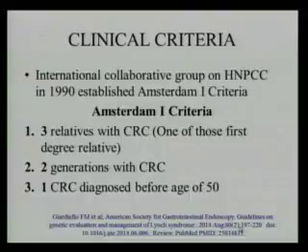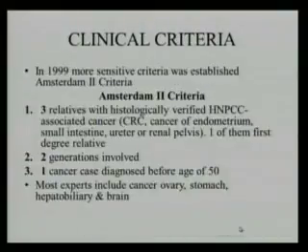That's Amsterdam 1. With further studies, they found that this Amsterdam 1 criteria lacks sensitivity and specificity, because there is a big group of patients not included in this criteria. So they came up with Amsterdam 2 criteria in 1999. The only difference is that those three relatives don't necessarily have to have colorectal cancer, but it can include hereditary non-polyposis colorectal cancer associated cancer, which means other extracolonic cancer.